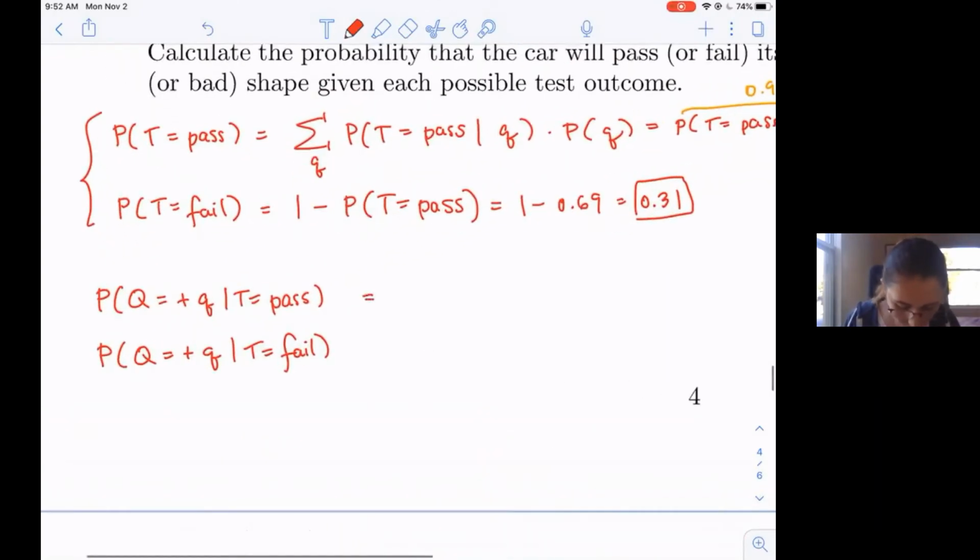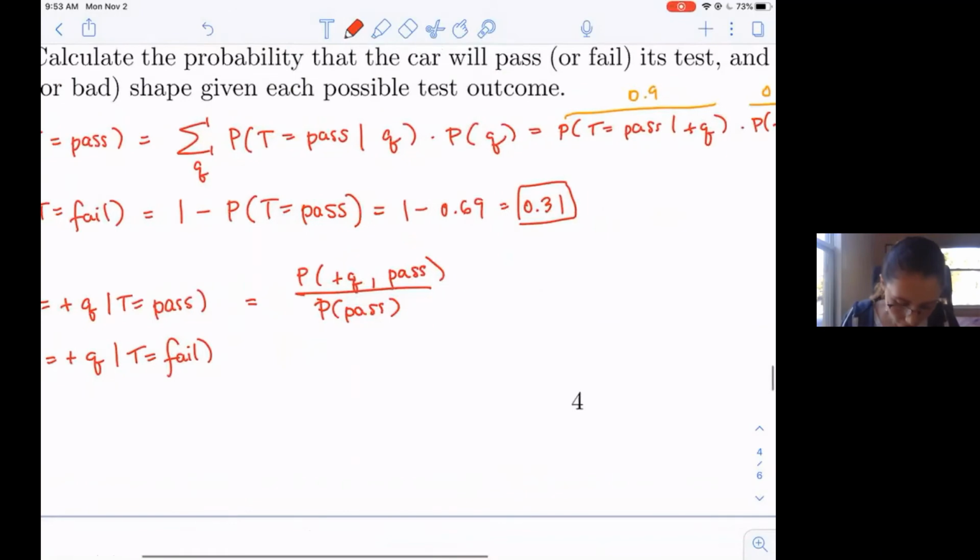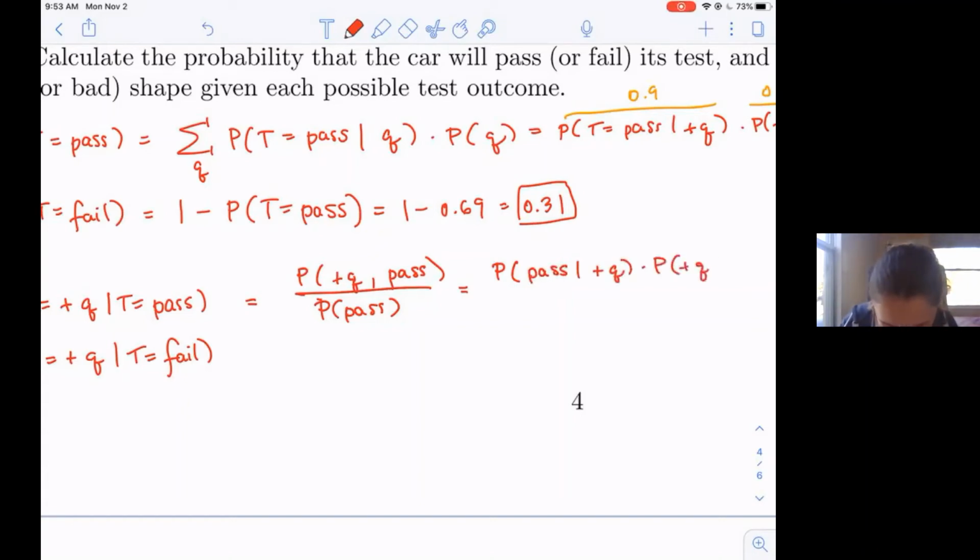To compute these, we can use, again, our knowledge about probability and Bayes' rule to first write out the joint distribution of plus Q and pass divided by P of pass. Then we can split up this joint probability on top into P of pass given plus Q times P of plus Q divided by P of pass.